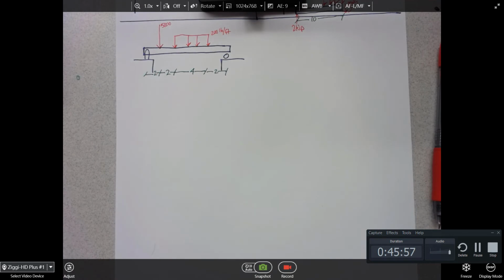Find the maximum bending moment in this beam. The fastest way to do that is to draw the shear and moment diagram, figure out where the maximum bending moment is based on your moment diagram, and you can use your graph to figure out what its value is.